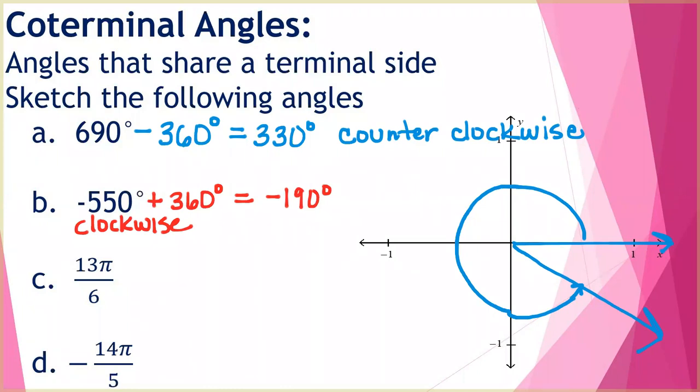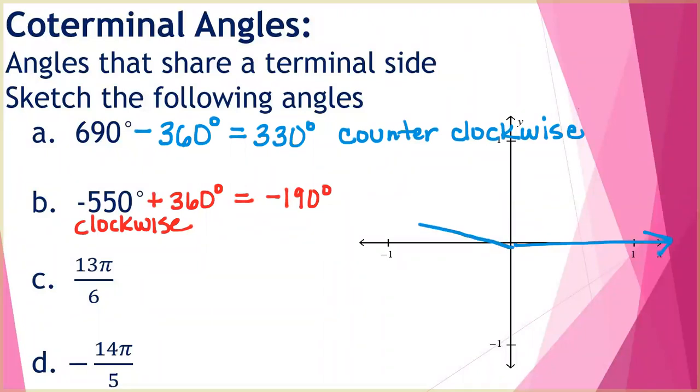So when I graph that, it's negative, so now I'm rotating clockwise. So this is 0. So I'm starting here. And -190 is going to be right around here. That would be your angle.